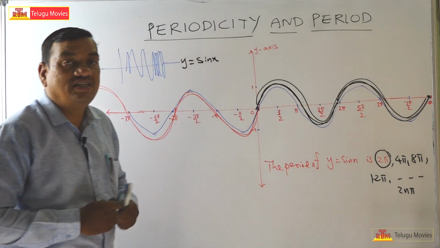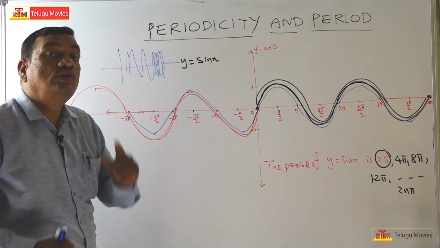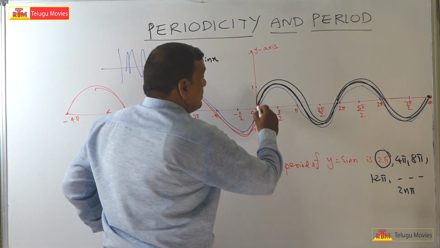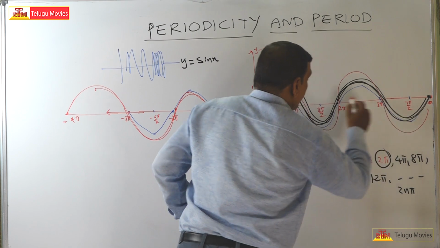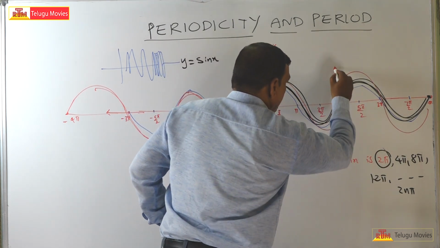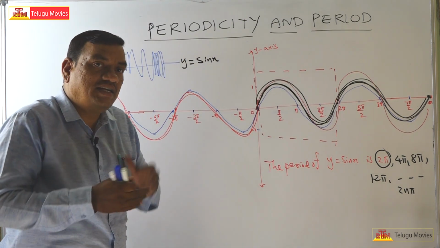What is the smallest interval? Least positive real number. 2 pi. Here from 0 to 2 pi, again 2 pi to 4 pi. This is the smallest interval in which the graph is regaining its shape.